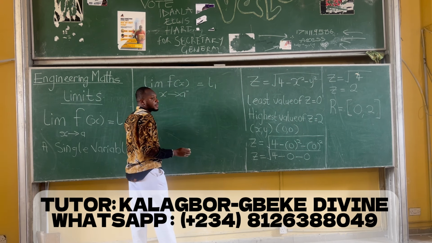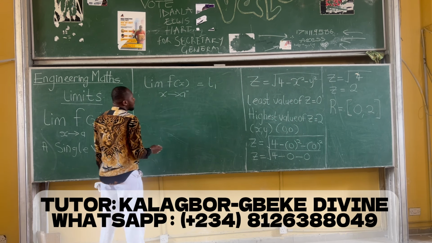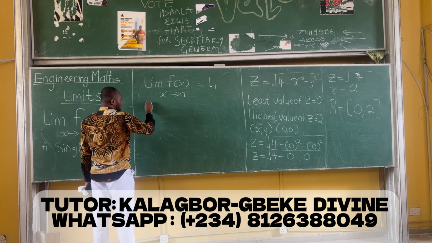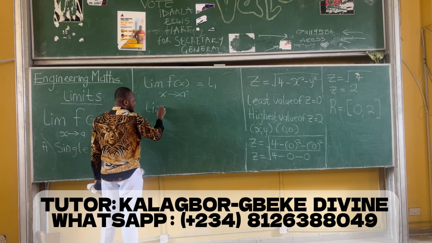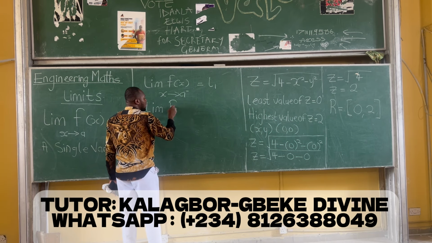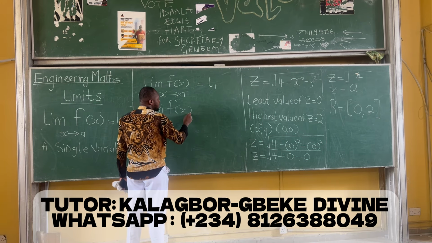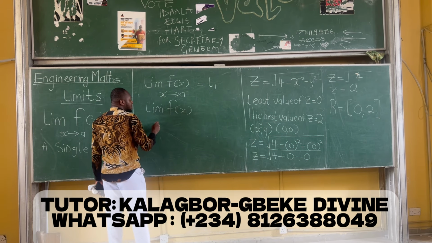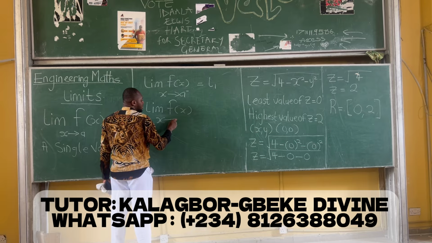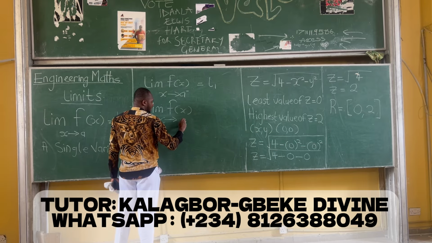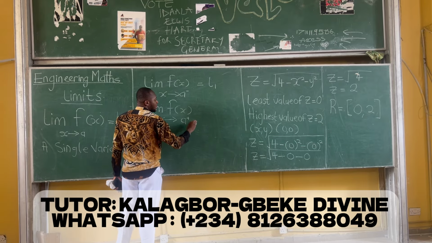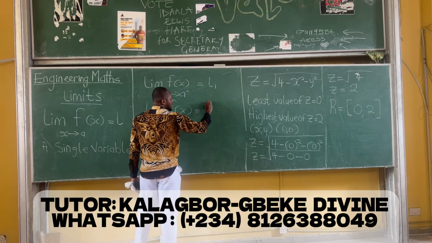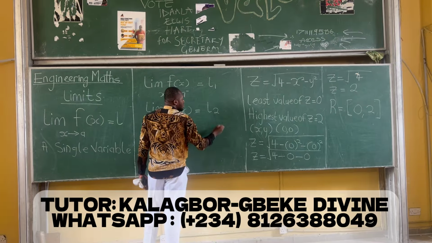If it's going from the negative direction, it will be equal to L1, right? Then we can also say that if we take the limit of the function f of x as it's approaching from the positive direction, it is equal to L2.